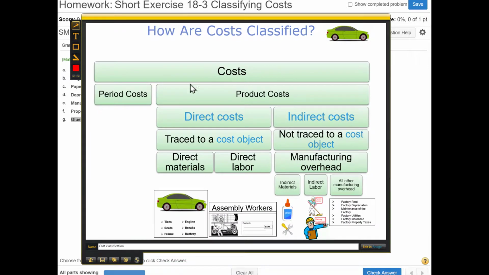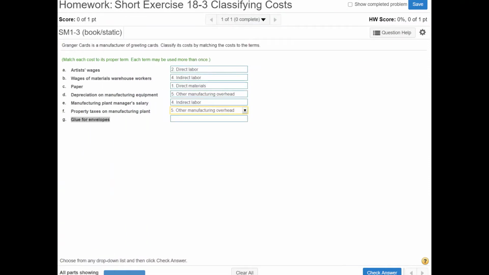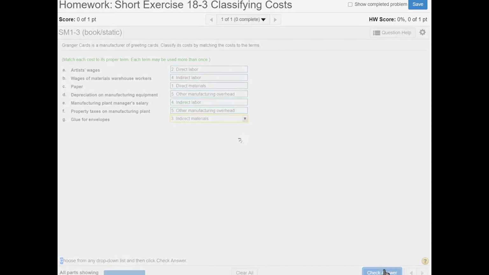This is a product cost because it's used to make the cards, but we can't cost effectively count how many drops of glue went into each card. So that is a manufacturing overhead account called indirect materials. And that's it.